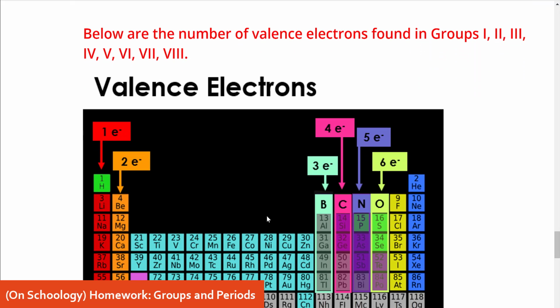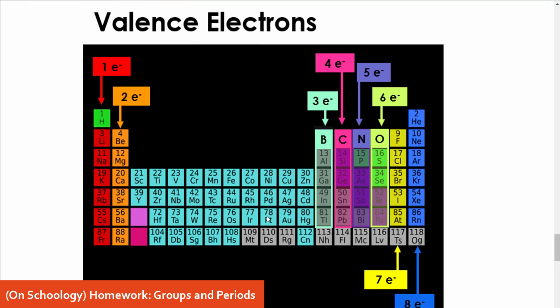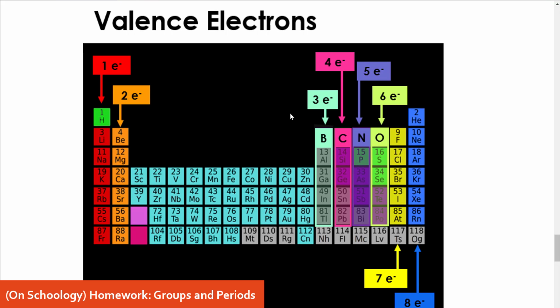Something else we can tell, looking at the groups, as I said earlier, is the number of valence electrons. Everything in a group together that's shown here has the same number of valence electrons. And these are also the same numbers as the Roman numerals.